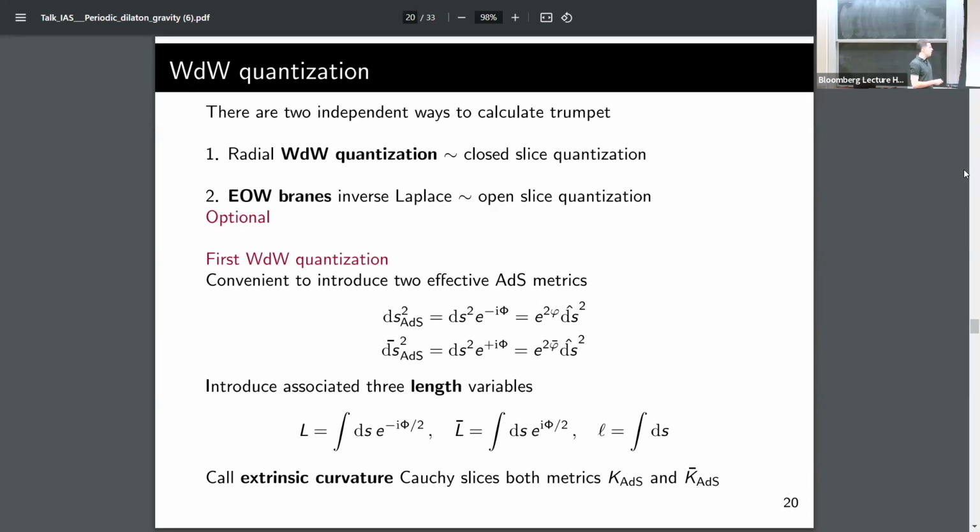And associated with them, I now introduce three length variables, which I realize is becoming a bit much notation, but it's actually very helpful to organize the math. So L is the variable in the AdS metric, L bar is the variable in the AdS bar metric, and then I have just the ordinary L in the sine dilaton metric. And only this guy is real.